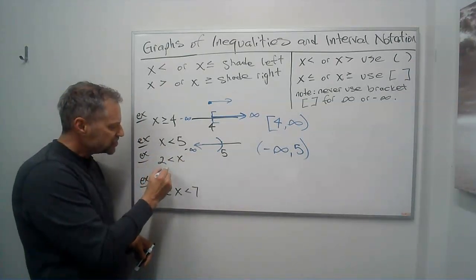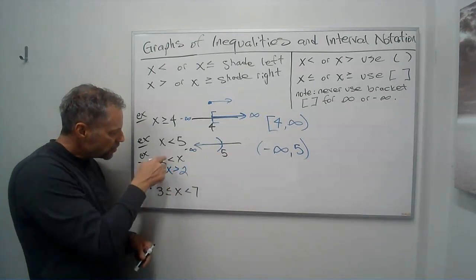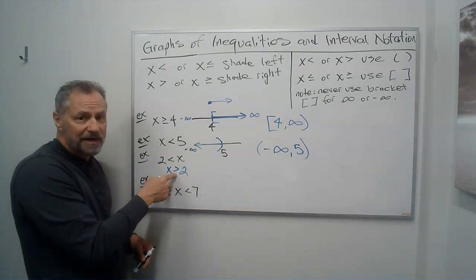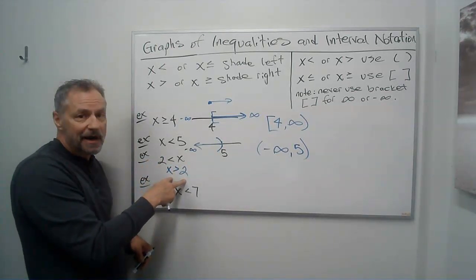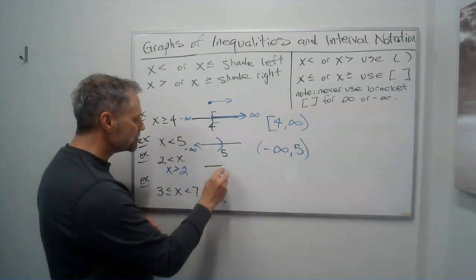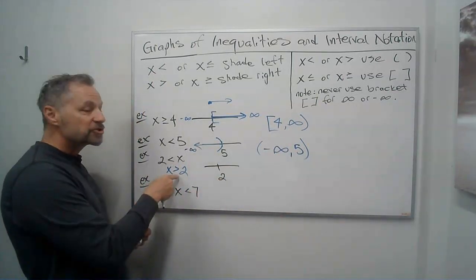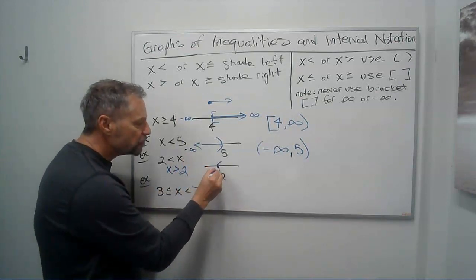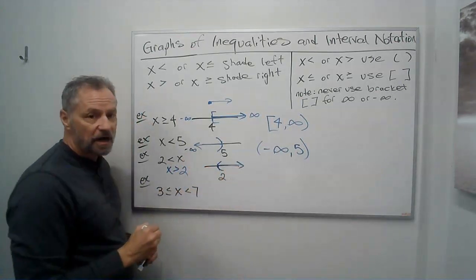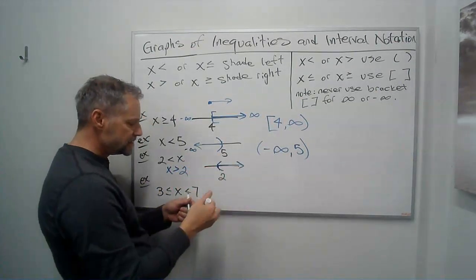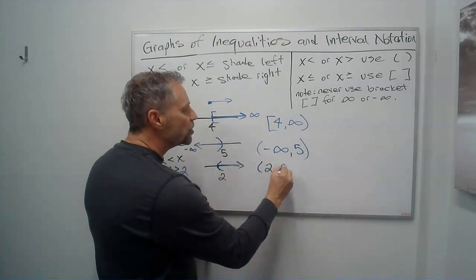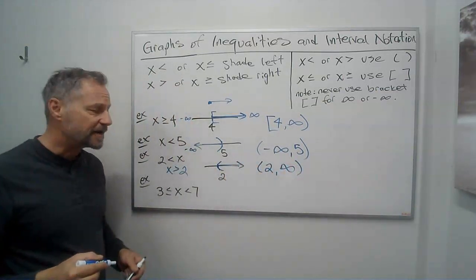But so why not just write it that way? Notice it's pointing at the 2. We still have a pointing at the 2. This is easier for me to graph. So when I graph that, I say, oh, here's my 2. x is greater than 2, doesn't include it, so parentheses, off to the right. Left to right, 2, going to the right forever, infinity.